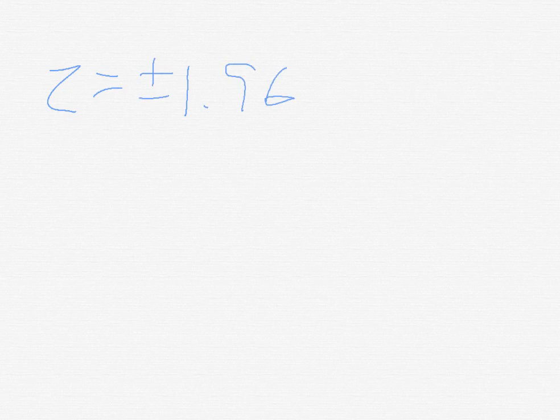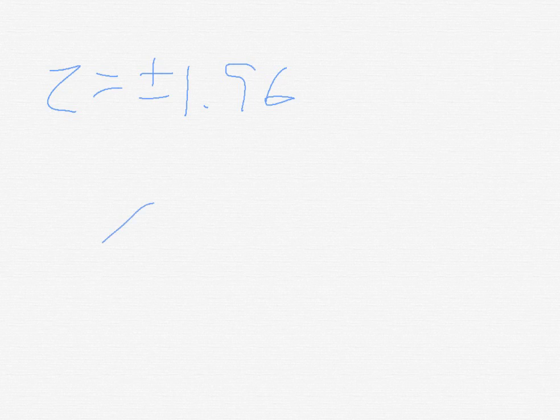Now, I don't know mu, so I don't know how many standard error units my mean is away from it, but at least I can try to figure it out. Knowing that the mean is more likely to be close than far away, I can create this confidence interval.